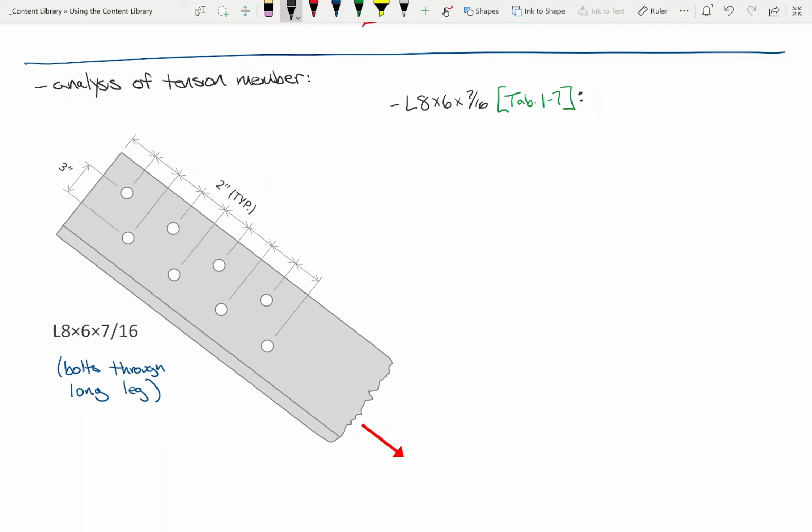So somebody start telling me what properties you think we're going to need. Gross area. Okay, the gross area. We are going to need the thickness, but that's just 7/16 of an inch, so we don't really need to look anything up. What else do you think we're going to need?